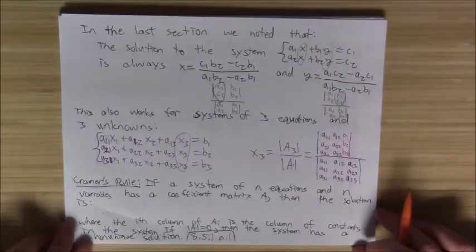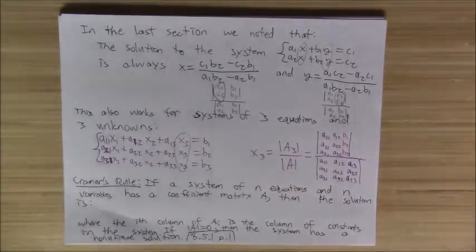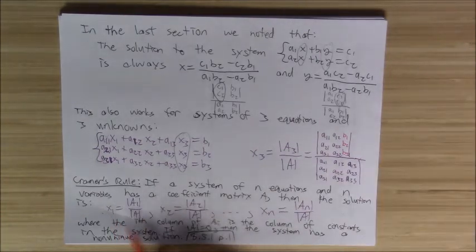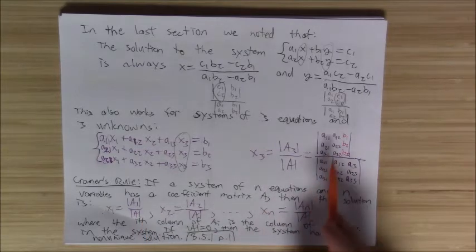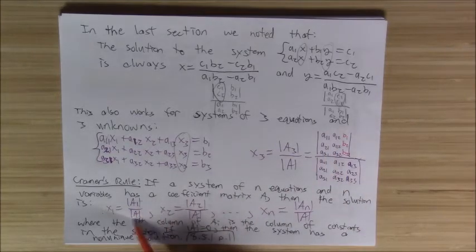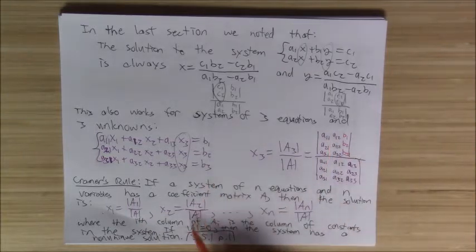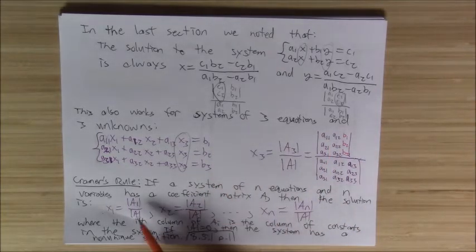Okay? So in general, if we continue this notation, we have what's called Cramer's rule. If a system of n equations and n variables has a coefficient matrix A, then the solution is the following. Namely, we get exactly what we got before. Here we replace the first column of the determinant of A with our constants, b1 through bn.